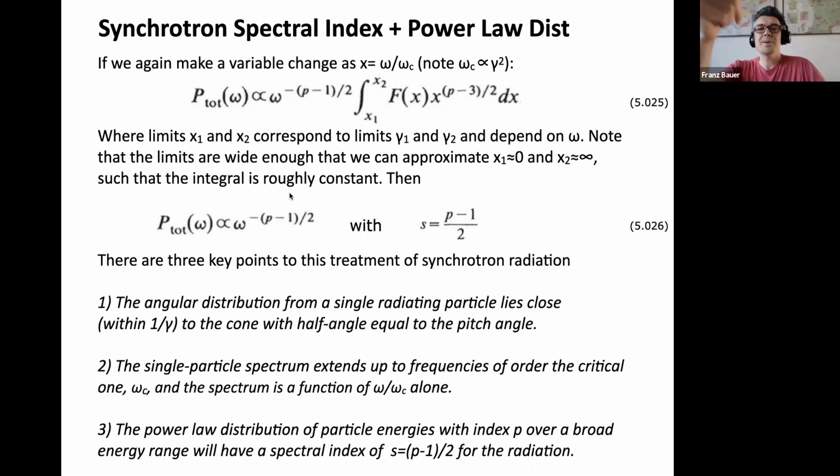So the idea behind this is just, in a very hand-wavy sense, to get an understanding of what the frequency functional form is and how everything else is kind of a constant. And the constants are going to be obvious things. So it's going to depend on the magnetic field. It's going to depend on what you do for the pitch angle. And it's going to depend on gamma in there somewhere.